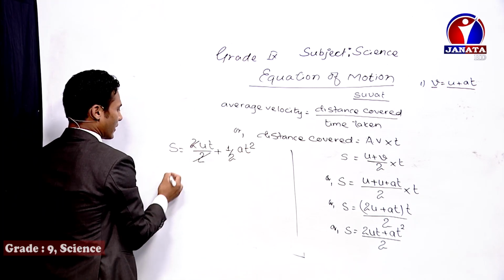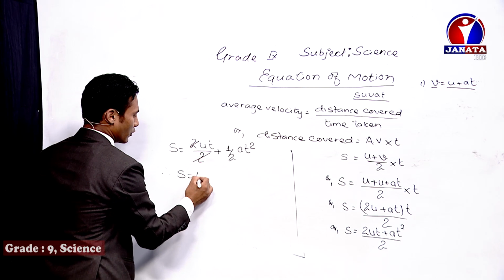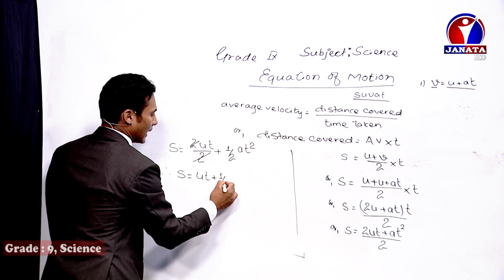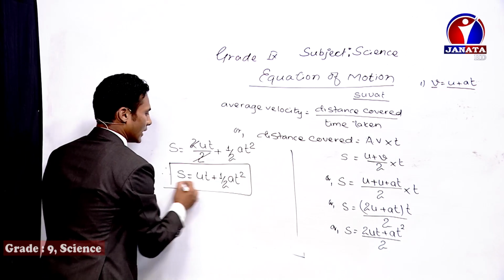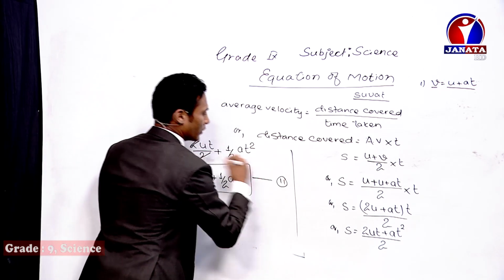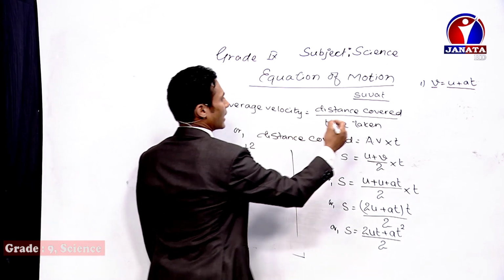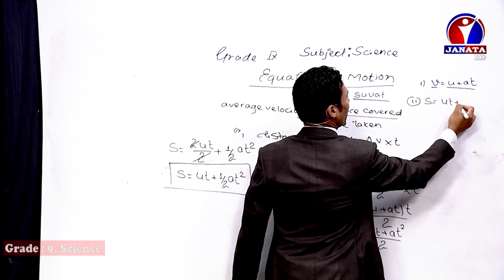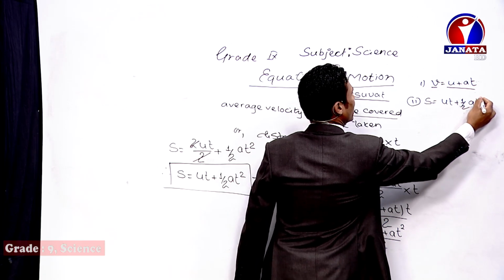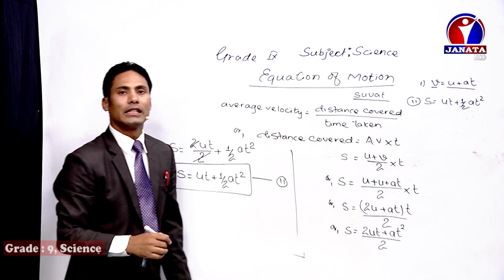The 2 and 2 cancel, therefore s equals ut plus half at square. This is the second equation of motion. Let me write it down on the right hand side: s equals ut plus half at square.